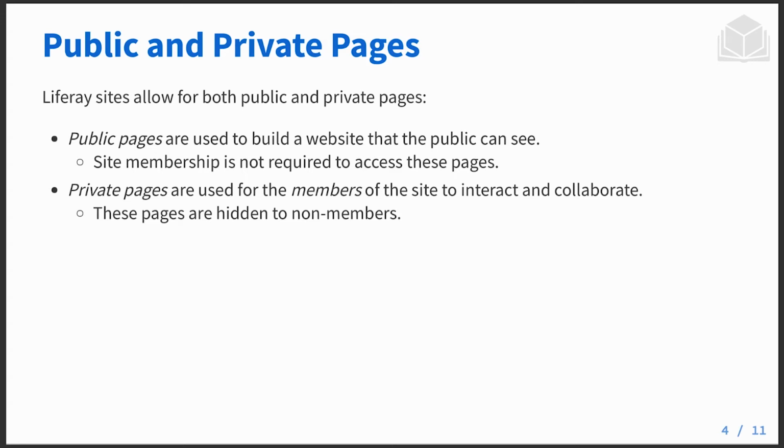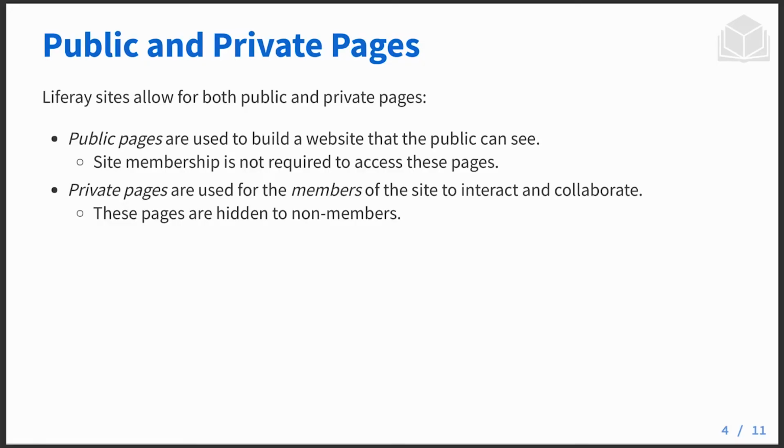That is, anyone, including non-logged in users, can come and see content on these pages. So for example, if we had www.livingston.com or something along those lines, and it included all of the content for the different resorts and hotels available for people to stay at throughout the world, any user would be able to come to this and see the public pages.